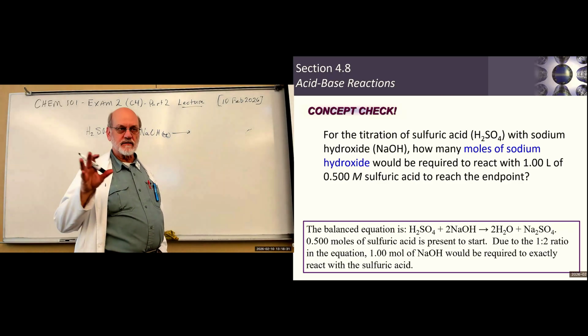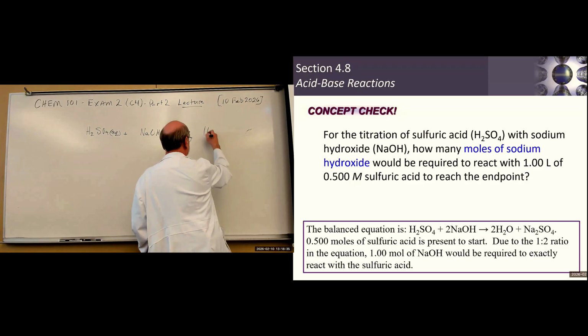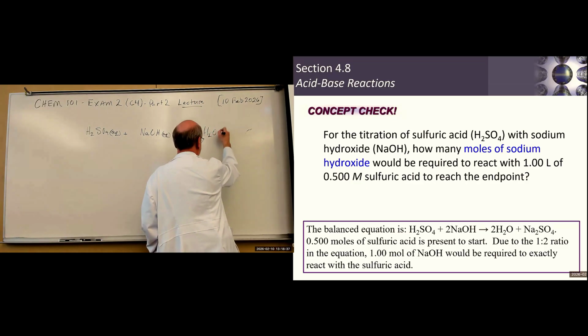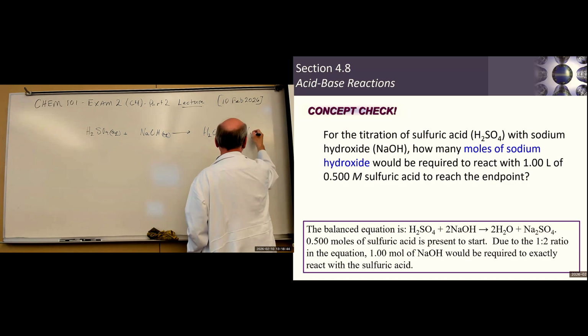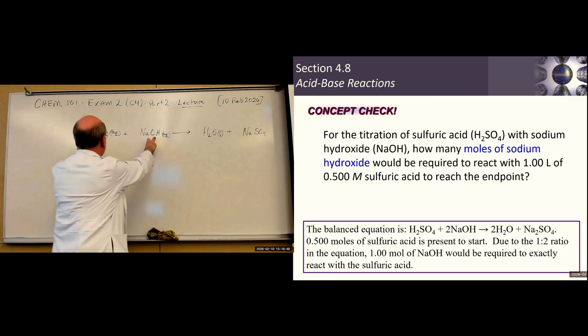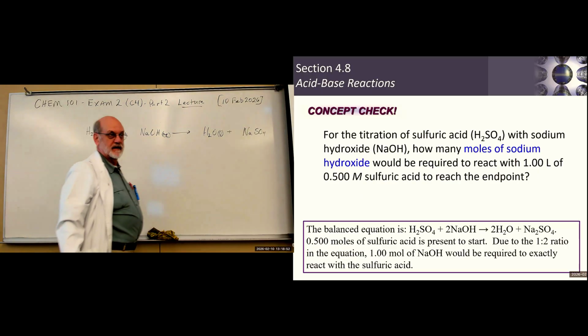All acid-base reactions produce two things: water and, chemically speaking, the salt, which would be a combination of sodium and sulfate. Because if you use hydroxide and hydrogens to make the water, the only thing left is sodium and sulfate.